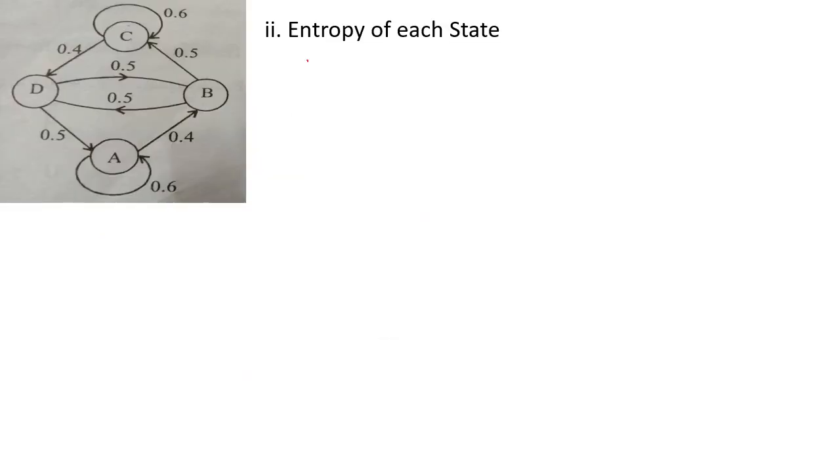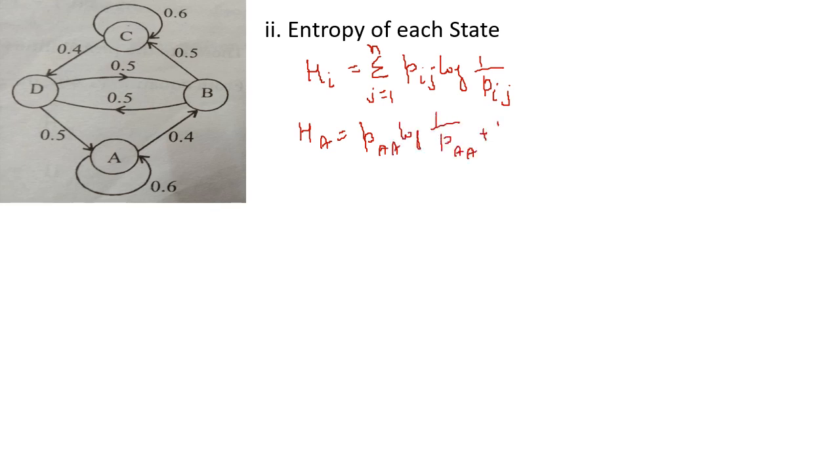Entropy of each state is given by the formula Hi is equal to summation j is equal to 1 to n Pij into log 1 by Pij. So the first entropy is HA, which is equal to PAA into log 1 by PAA plus PAB into log 1 by PAB plus PAC log 1 by PAC plus PAD into log 1 by PAD.